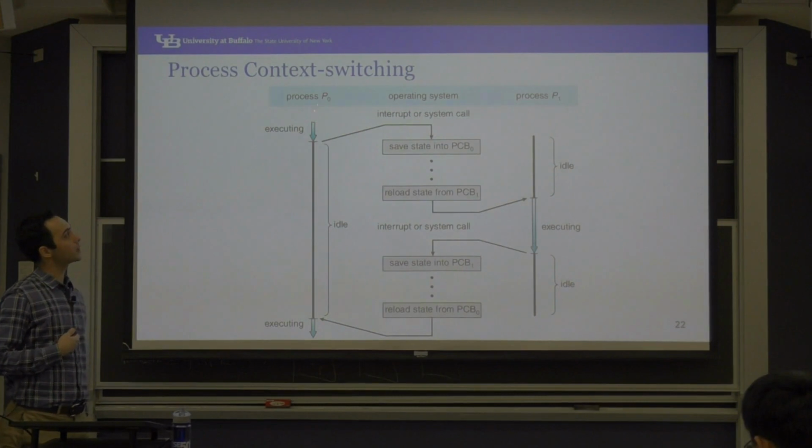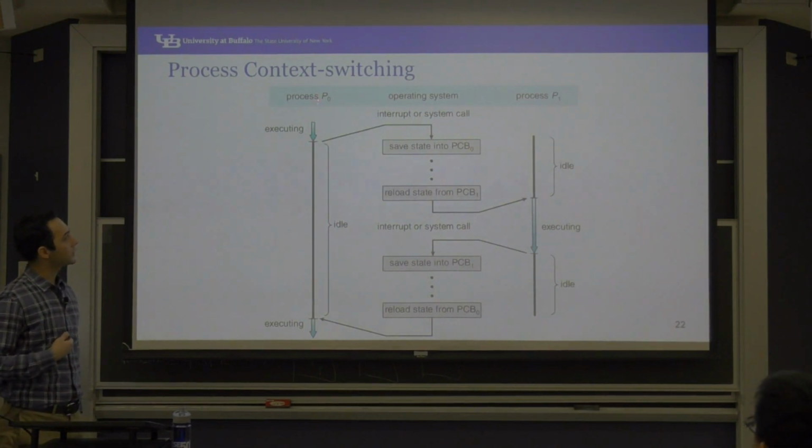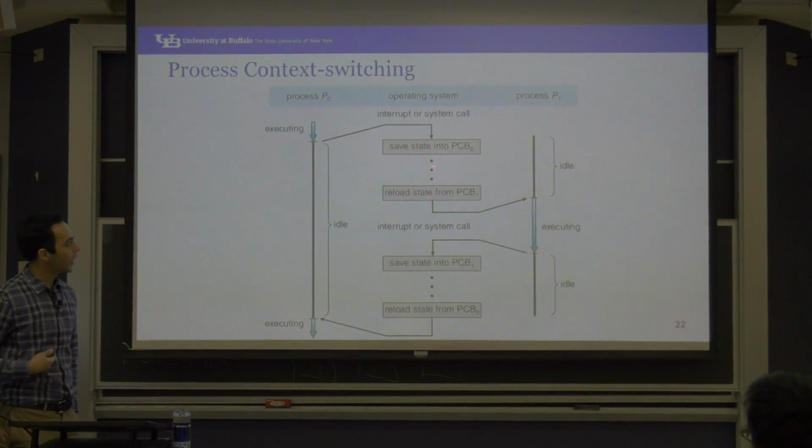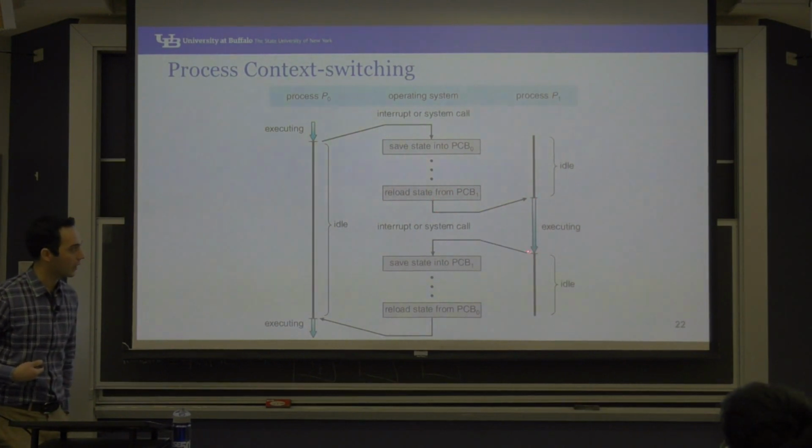So this is the case. You have two processes, process 0 and process 1. It's as if it's executing. The CPU right here pauses, for example with an interrupt or system call. It goes to the operating system code. It saves this state into the PCB, and then reloads the state from the PCB of process 1, and then continues. Again, an interrupt or system call happens.